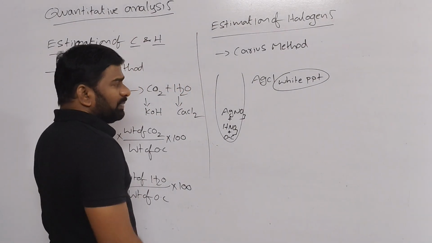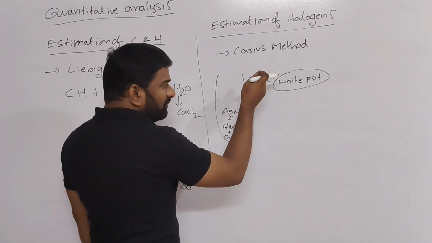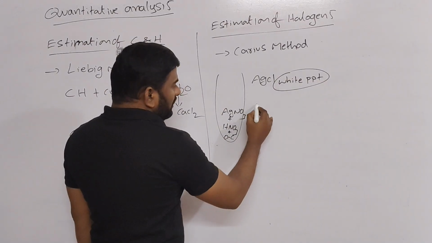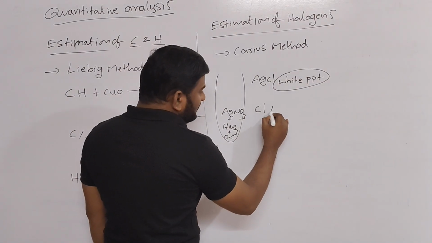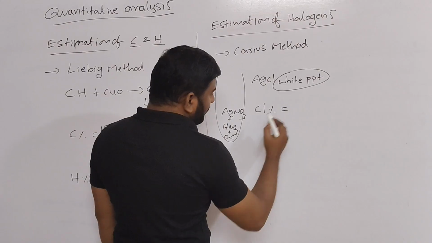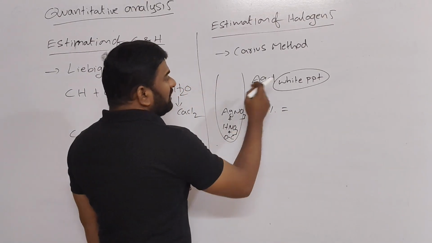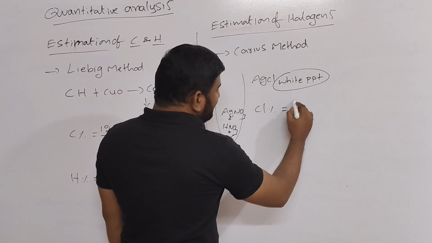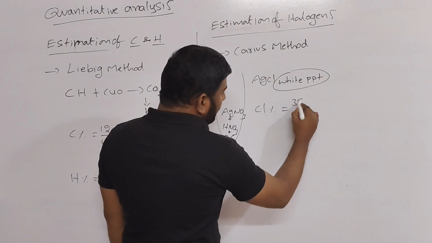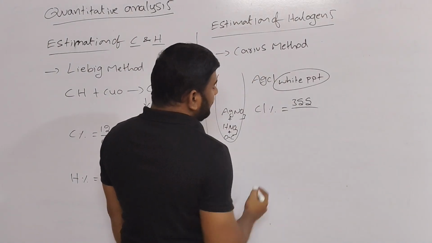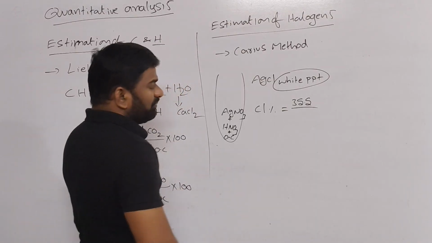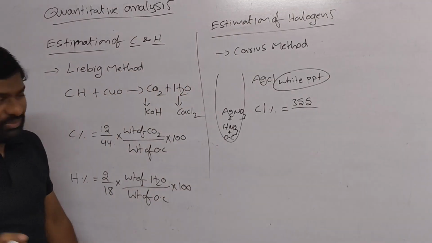Once this AgCl is washed and dried, the weight of AgCl is calculated. After getting the weight of AgCl, we can calculate the percentage of chlorine. Here, how many Cl atoms are there? Only one Cl atom. So 35.5 by AgCl's weight: Ag atomic weight is 108, easy to remember.